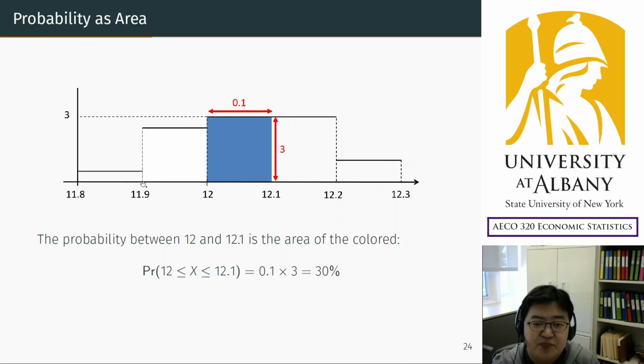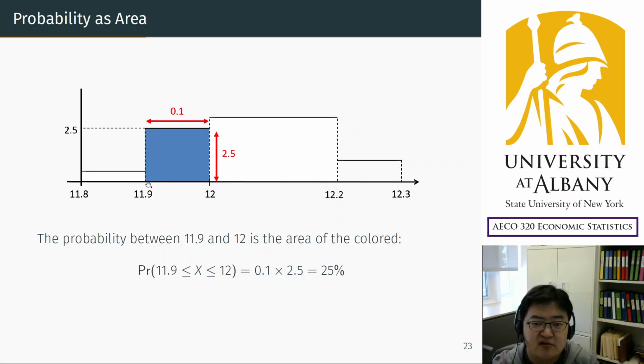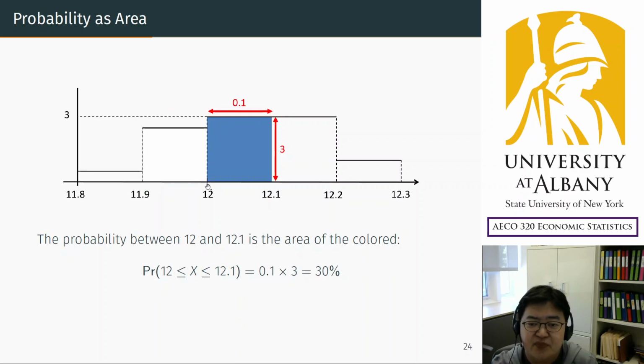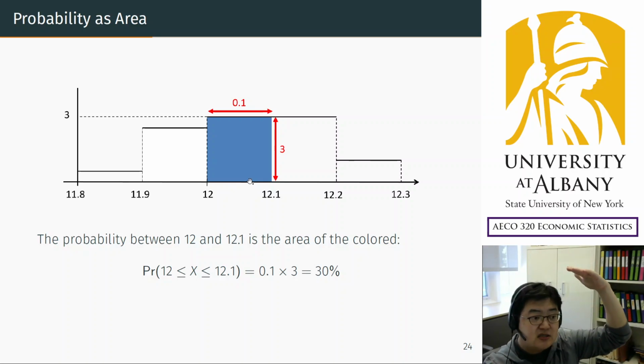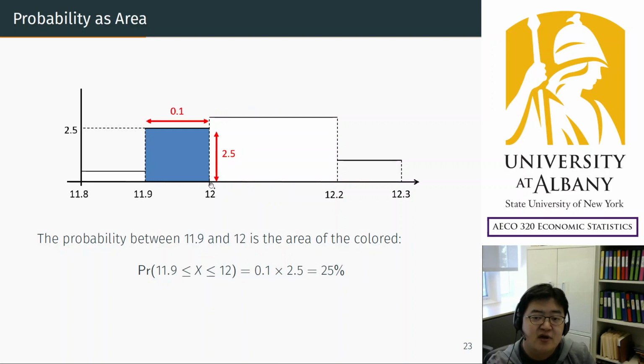So as you can see, even though this interval between 11.9 and 12 is of the same length as this interval, 12 and 12.1, still their probabilities are different because the height is different. Height is now 3, earlier it's 2.5.